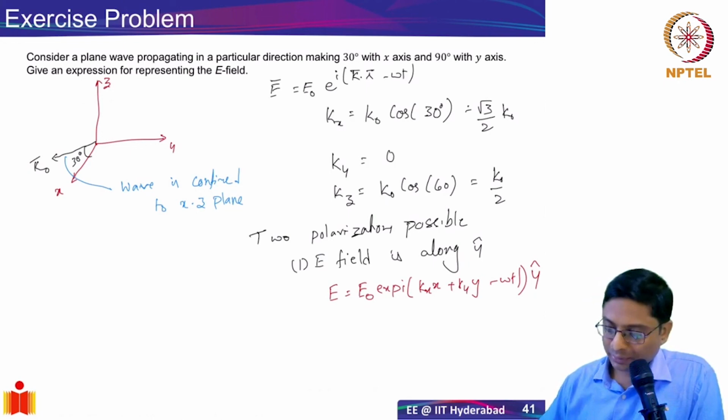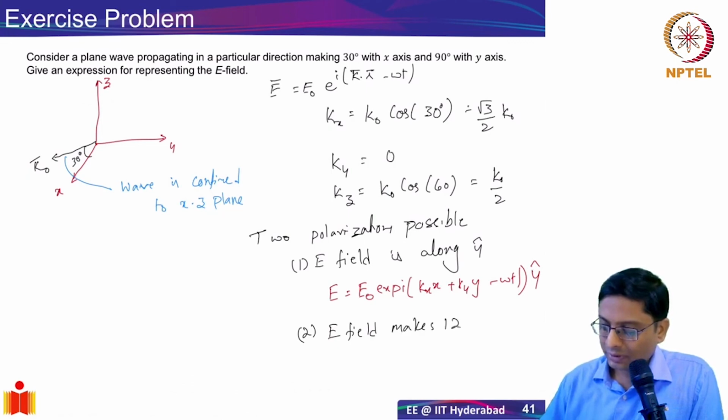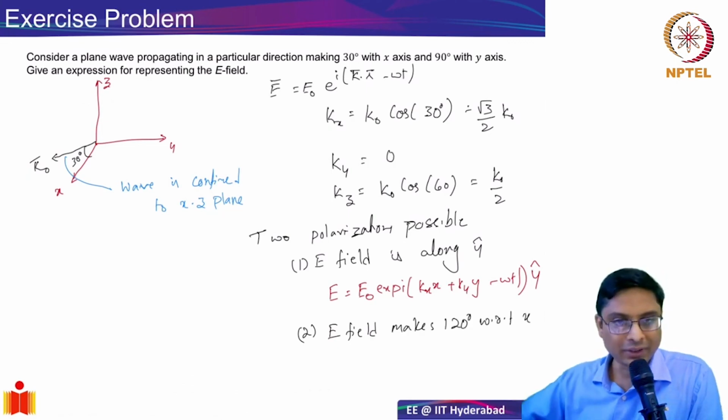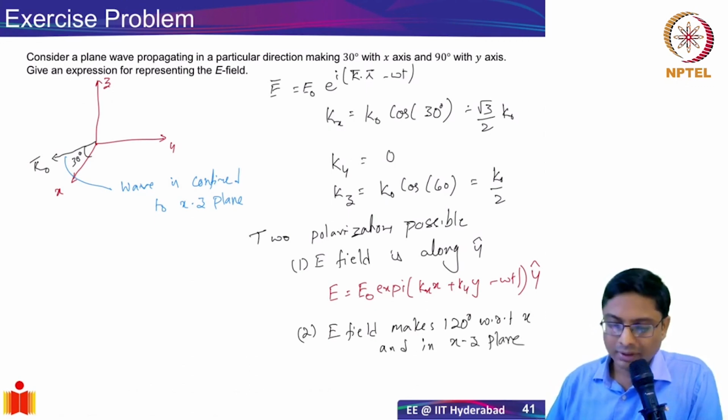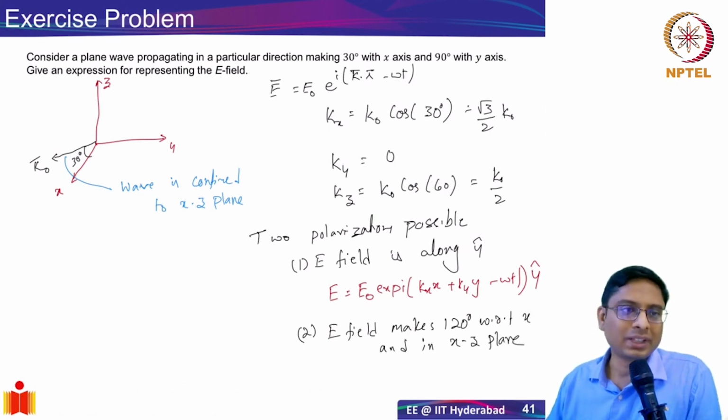You can have another possible electric field polarization. The E field makes 120 degrees with respect to the x-axis, but in the xz plane. When you have that, of course, you can write out the direction vectors.